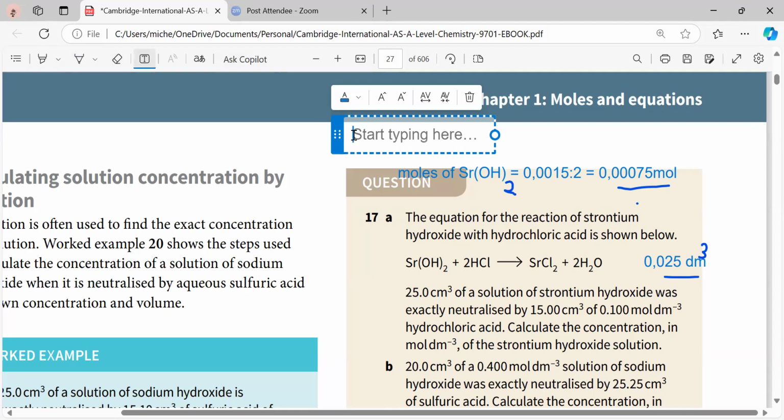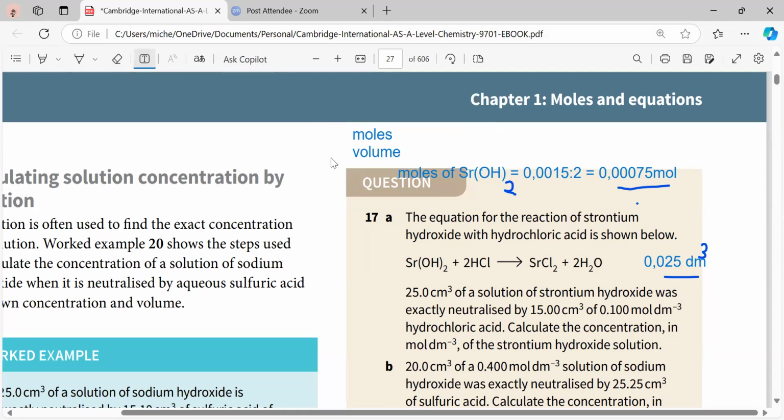The formula of concentration would be moles over volume. So the moles right here will be 0.00075, and that will be divided by 0.025. So it will be like this.